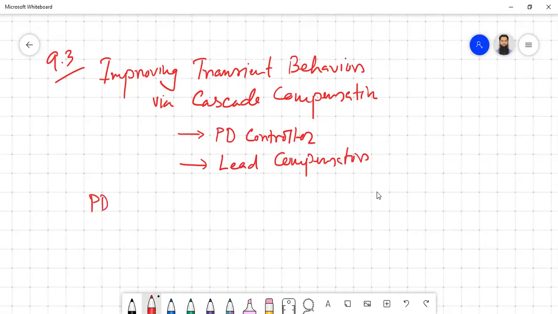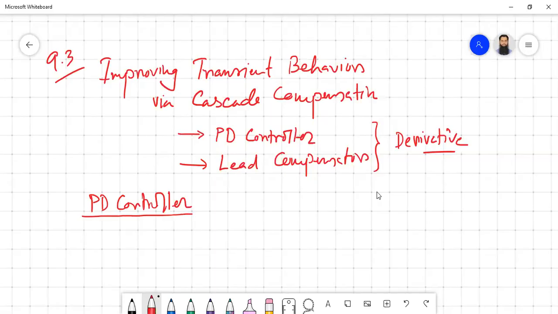In the PD controller, basically we are going to have a pure differentiator. Both of them are based on the derivative design. If it is ideal with active components, then it is called a PD controller. And if it is non-ideal or with passive components, then you call it a lead compensator.